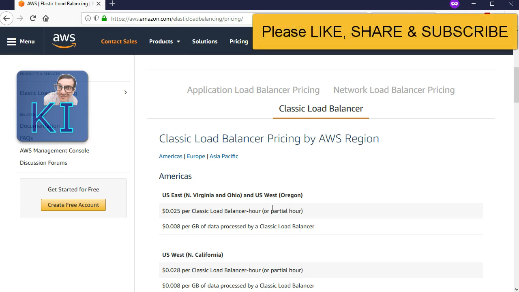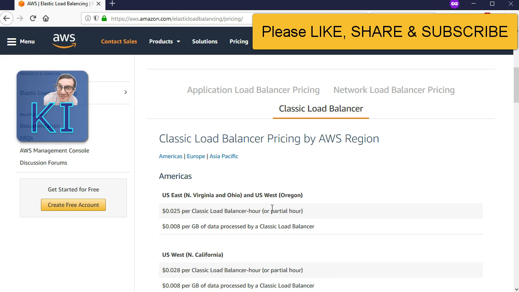For example, let's say 4 GB of data passed through. So 4 into $0.008 would be your data charges. The combination of these two would be your pricing. So this one is really very straightforward.